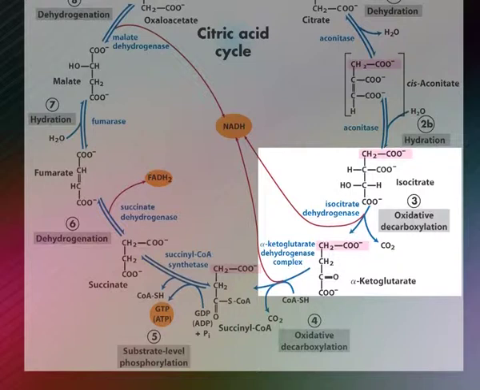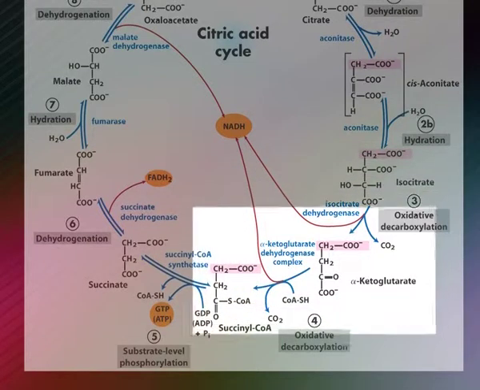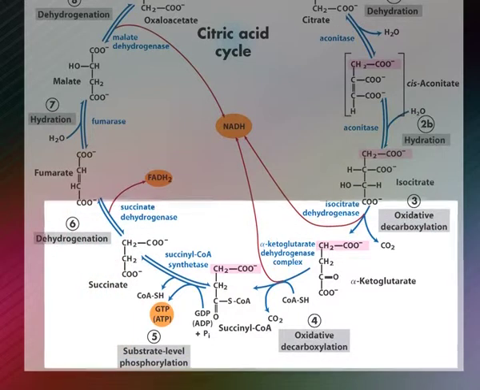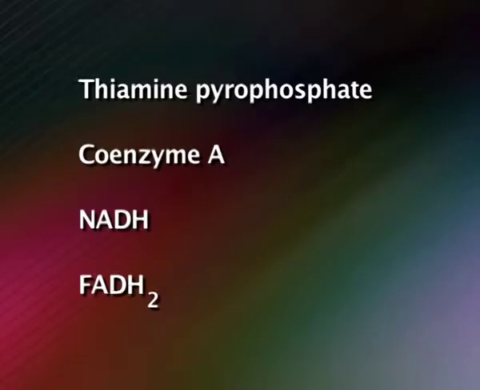Carbon dioxide is released during this reaction, and the alpha ketoglutarate is further converted to succinyl CoA by the alpha ketoglutarate dehydrogenase complex. A number of coenzymes are involved here, like thiamine pyrophosphate, coenzyme A, NADH, FADH2, etc. Here also one molecule of carbon dioxide is released. With the release of each carbon dioxide, one carbon is reduced in the chain.